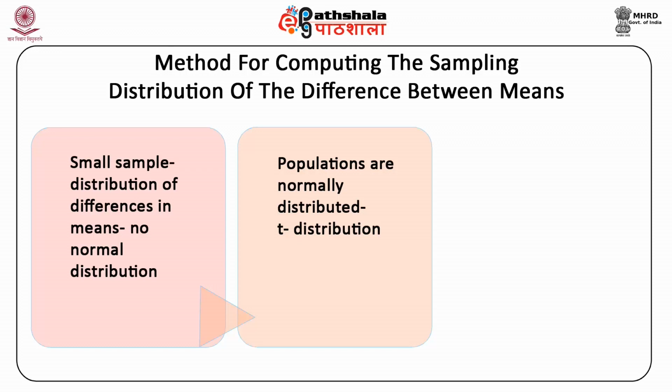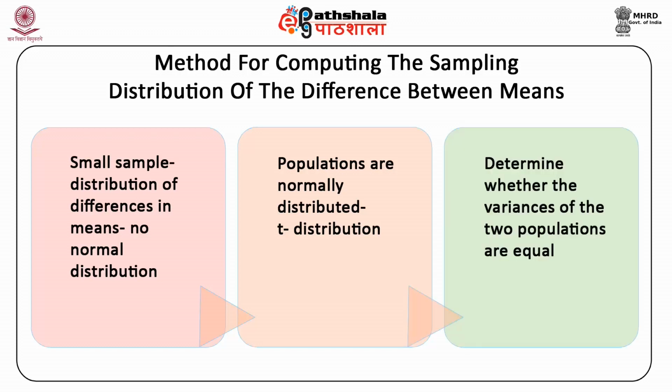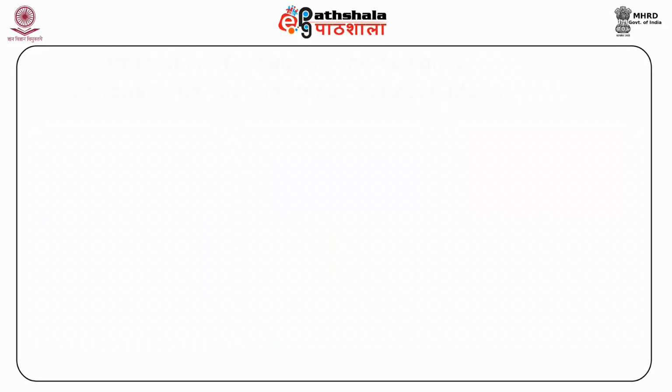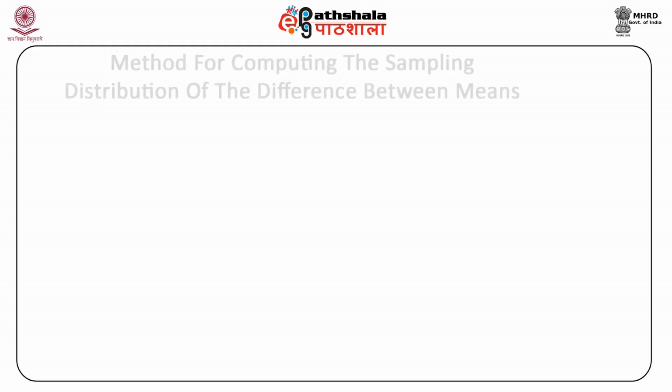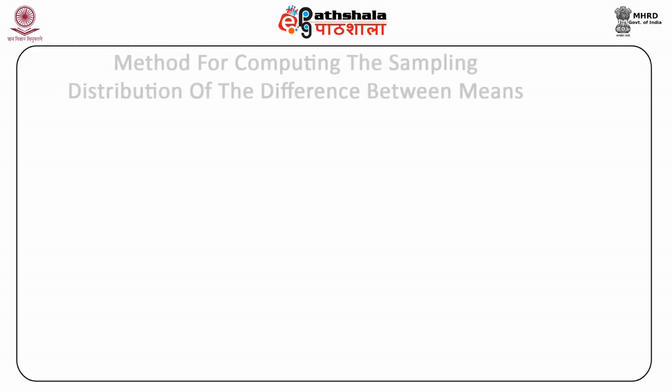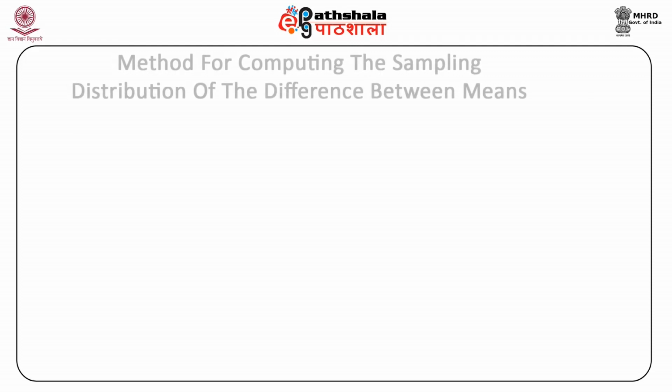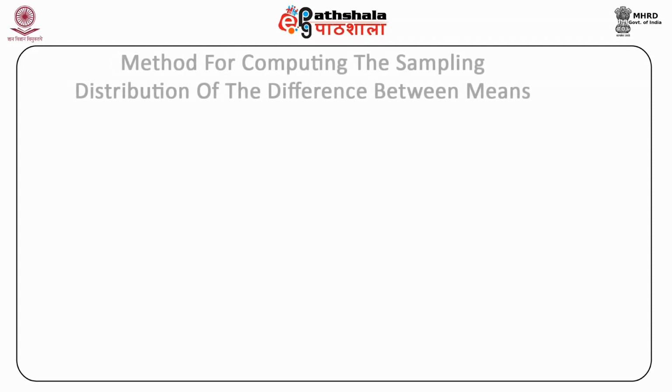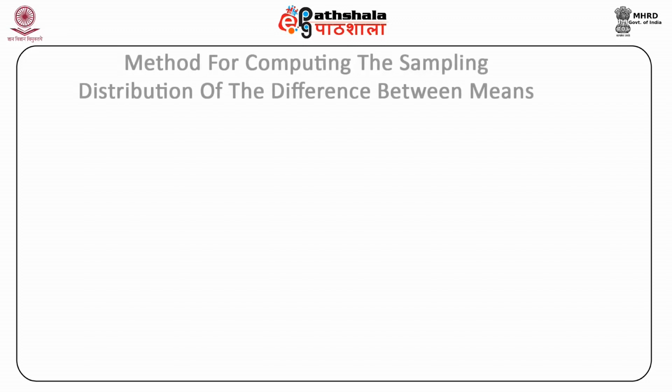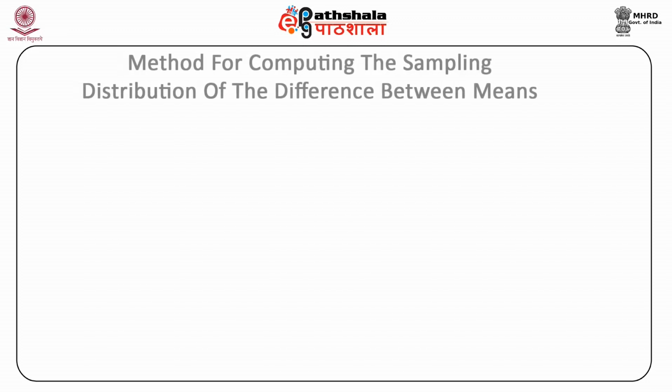To apply the t-distribution properly, we must also determine whether the variances of the two populations are equal. We use the t-distribution and the t-statistic for hypothesis testing for the differences between two sample means.